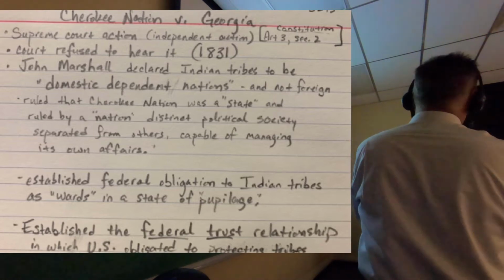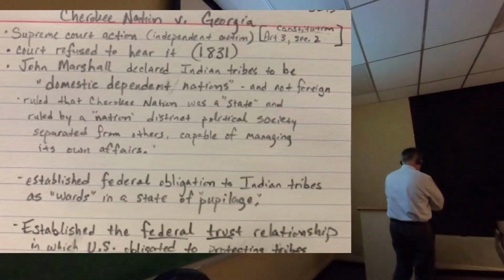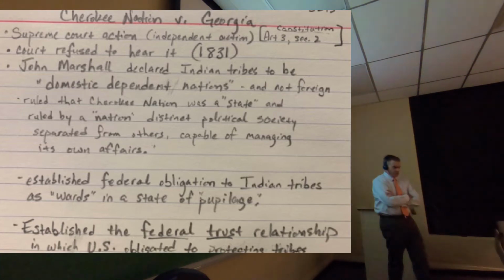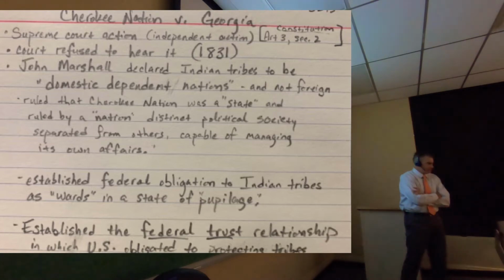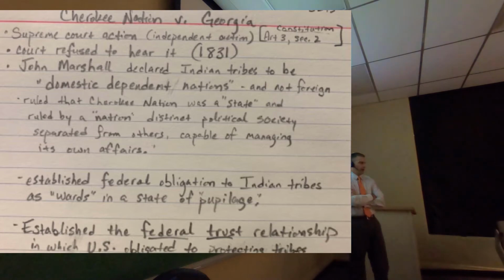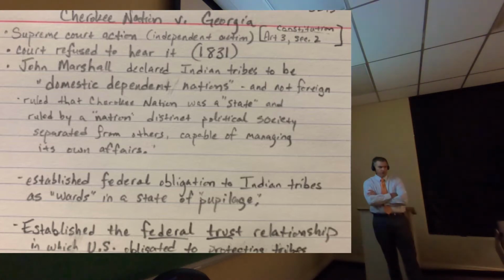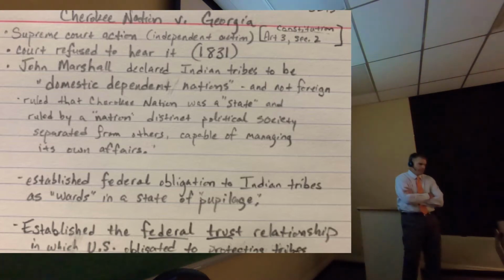It was thrown out because what the Cherokee Nation did was it basically solicited the United States Supreme Court and said, we're a sovereign nation of people, and the state of Georgia is not recognizing our sovereignty.